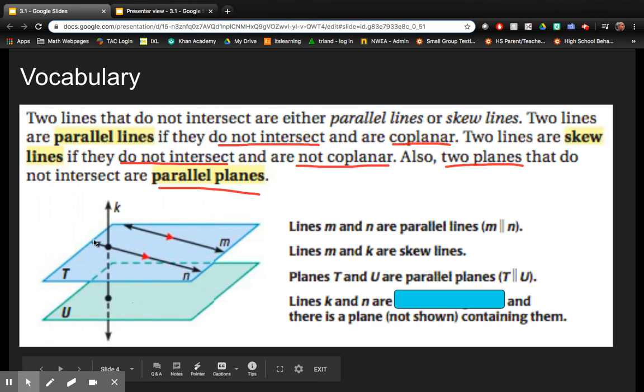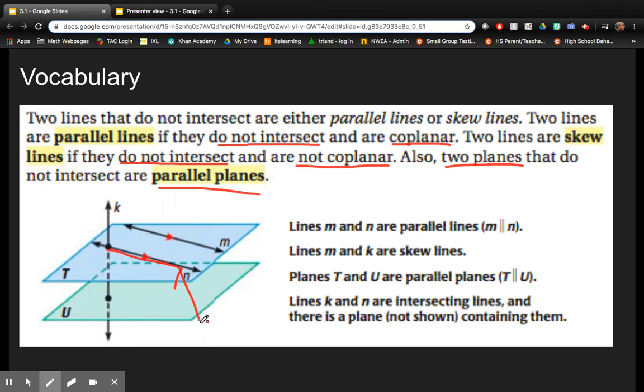Line K and line N are intersecting lines. And there is a plane that would contain them. So try to imagine here that there's this plane that would come through right here that would connect these two lines.